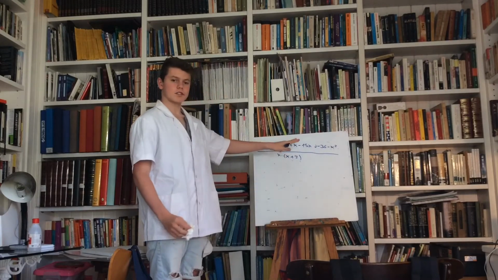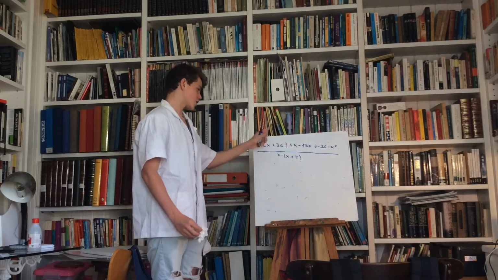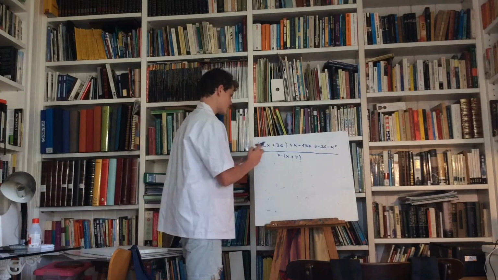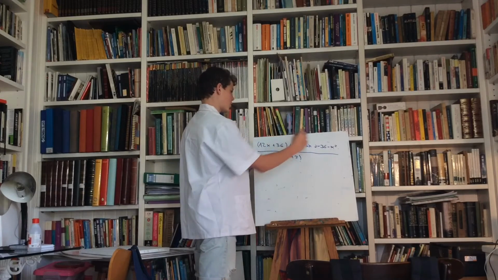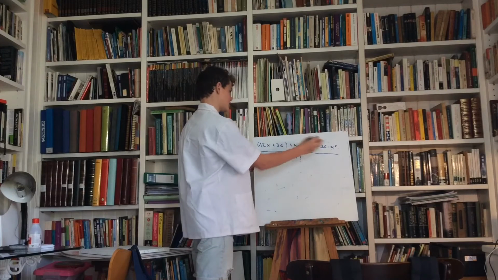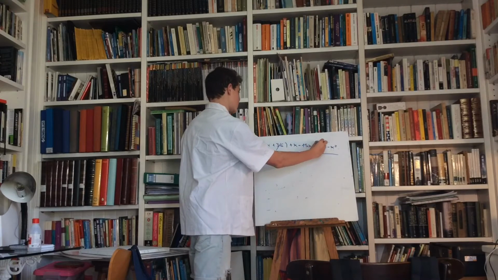So once we have this solved, we should start calculating everything. So we have 36 and 36, that is 0, so we cross out that.